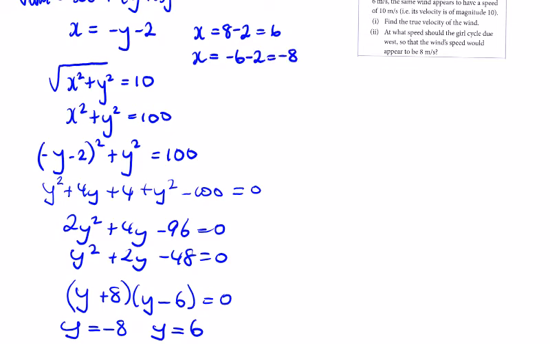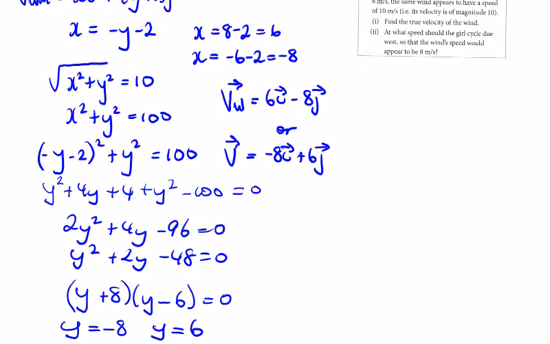So we either have the velocity of the wind being, when y is minus 8, x was 6, so 6i minus 8j, or when y is 6, x was minus 8, so minus 8i plus 6j.